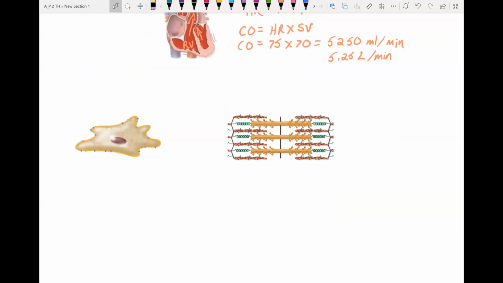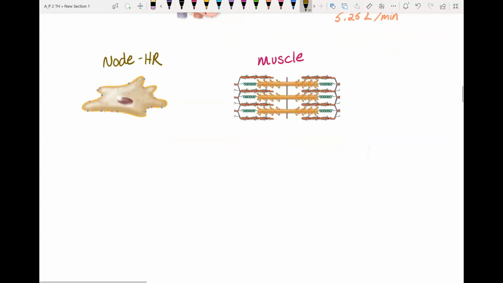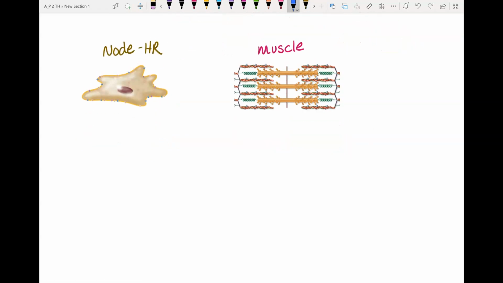So here are two things that determine cardiac output. Remember, we have the node and we have the muscle. Node is in charge of heart rate. It controls how fast your heart beats, and you have that cycle. We start at -60.